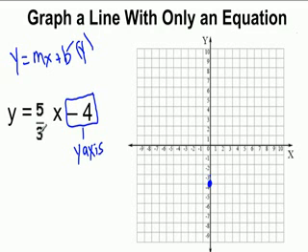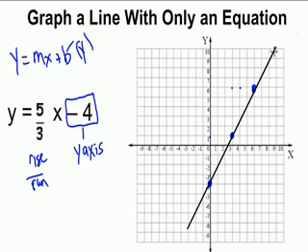And then our slope is 5 over 3. So we're going to go rise over run. So we're going to go up 1, 2, 3, 4, 5, over 1, 2, 3. That's our next point. Next point. Once you have a couple points, you can go ahead and draw your line. As simple as that. That's exactly how you would graph a line with just an equation.